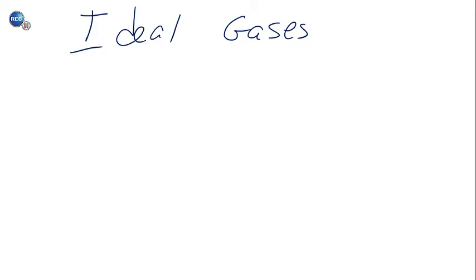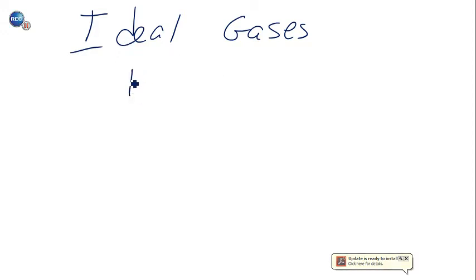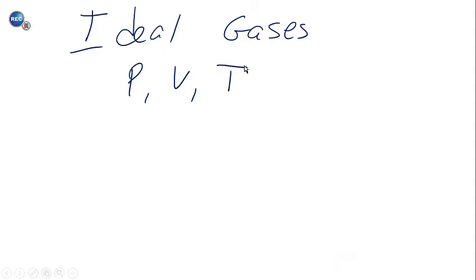How do you make that work? Of course, engineers are going to need to know the ideal gas law for building structures that can withstand pressure and temperature changes. Anyway, part of this is we're looking at the behavior of pressure, volume, and temperature in a thing.